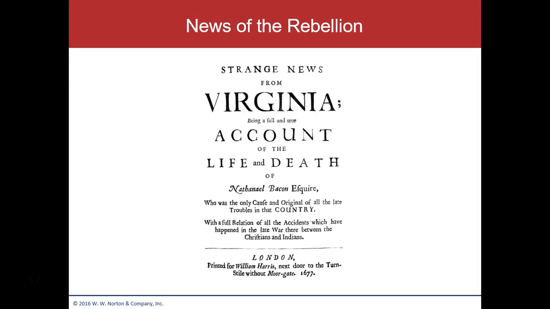And if you see that funny little F right here, that is an S. That's just how it used to be written, but it's pronounced like an S. Who is the only cause and original of all the late troubles in that country, with a full relation of all the accidents which have happened in the late war there between the chieftains and Indians. Printed for William Harris next door to the True Style without Moorgate, 1677. This is London. So this is printed in London, which provides details about Bacon's rebellion.